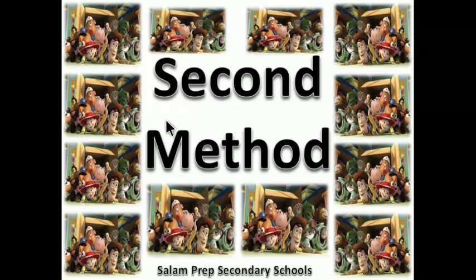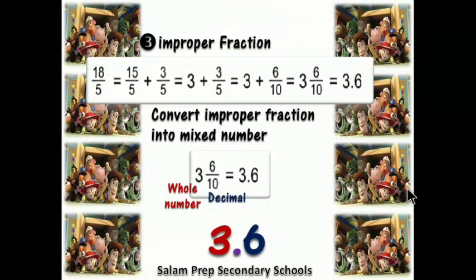Second method. This is another example for improper fractions. To learn the second method, 18/5. This is an improper fraction. The second method depends on converting the improper fraction into a mixed number. 18/5.